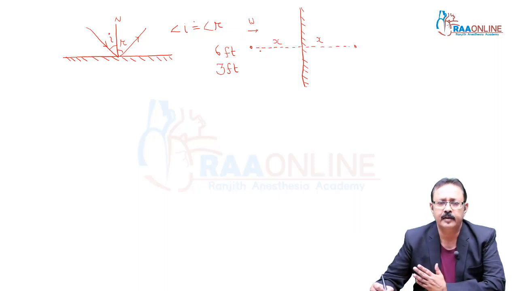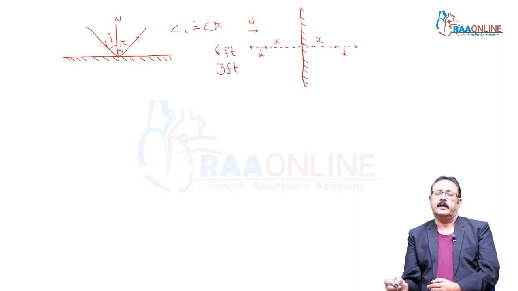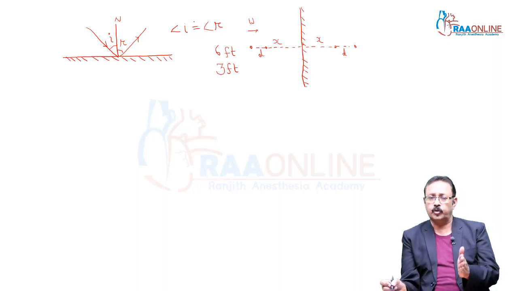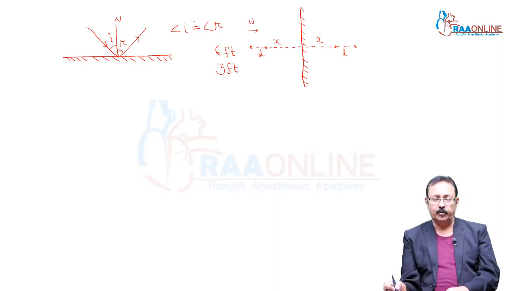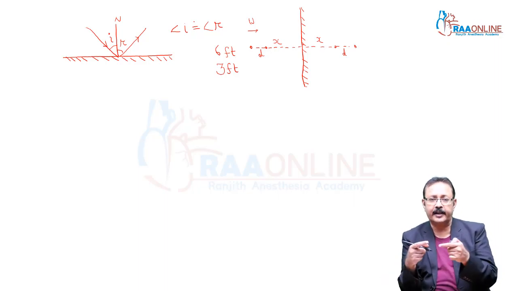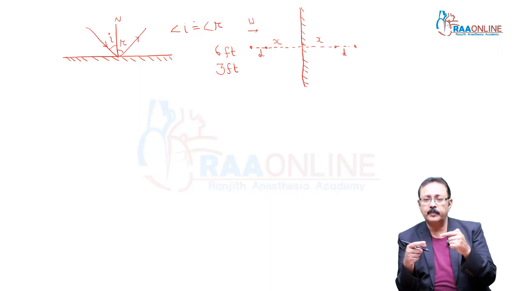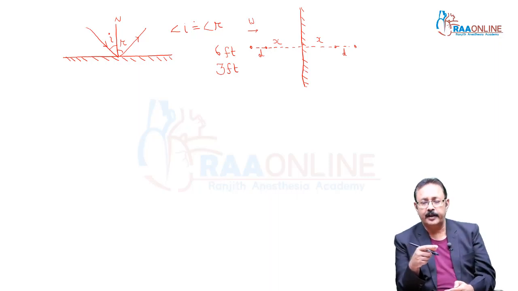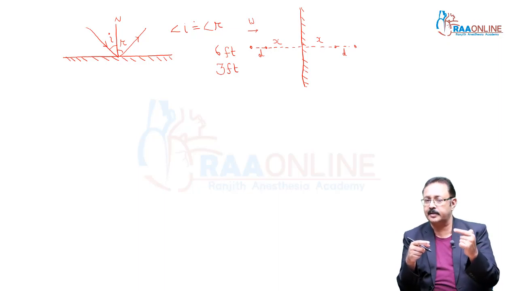See, speed means distance travelled in 1 second. If in 1 second you travel a distance d towards the mirror, your image will also travel a distance d towards the mirror. It means your image is moving with the same speed towards the mirror, but towards you, its speed is different. In 1 second, you come closer to the mirror by a distance d, and the image comes closer to the mirror by a distance d.